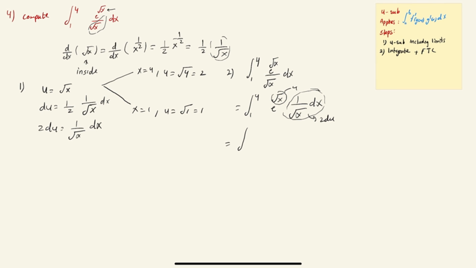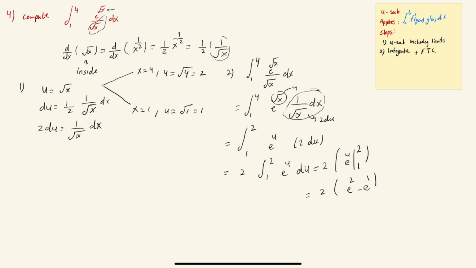So the integral, with the new limits, is going from 1 to 2 of e to the u times 2 du. Now I'm going to pull 2 out of the integral since it's just a constant. Now we are ready to integrate. It's going to be equal to 2 times e to the u, evaluated at the limits of the integral. It's going to be 2 multiplied by e to the 2 minus e to the 1. And that is the answer for the definite integral.